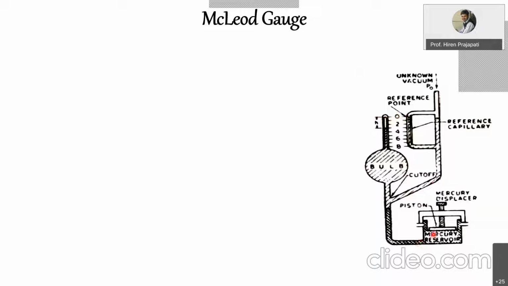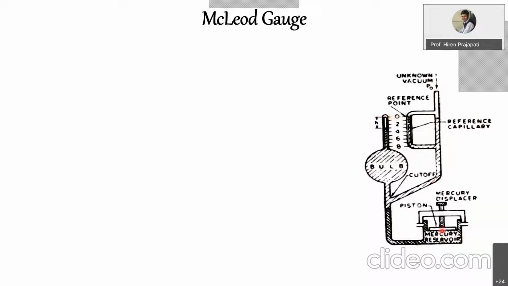Now what we need to do is, when we keep this piston at the bottommost position, at that time the mercury should reach up to 0 at this position. It should reach up to 0 in both the reference capillary and the measuring capillary, right?